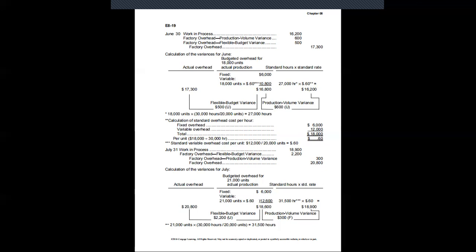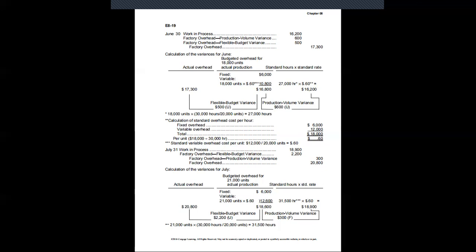The normal capacity of a manufacturing plant is 30,000 direct labor hours or 20,000 units per month. Standard fixed costs are $6,000 and variable costs are $12,000. Data for 2 months follow.